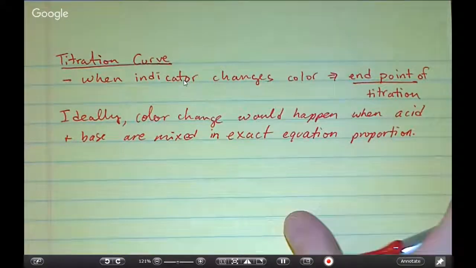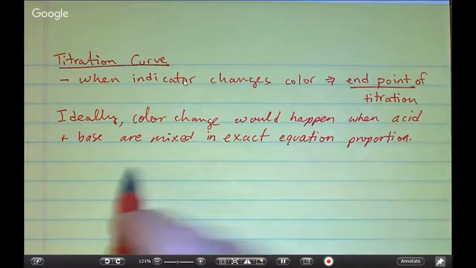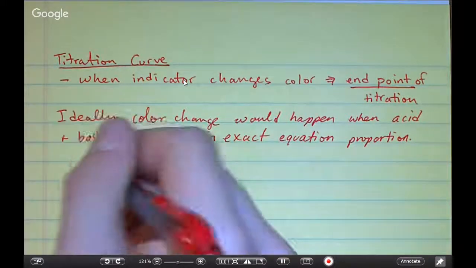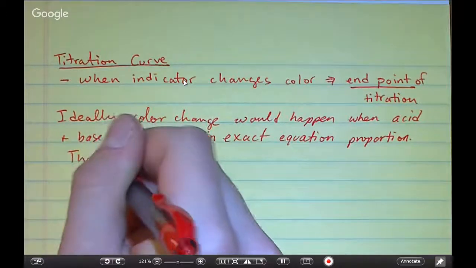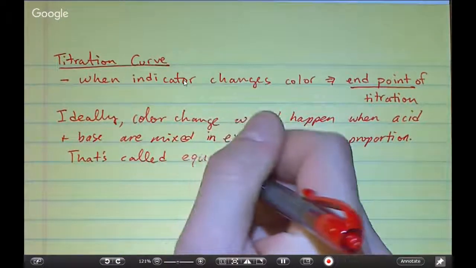Okay, so ideally the color change, the endpoint, is going to happen when the acid and base are mixed in exact equation proportion. This is called the equivalence point.